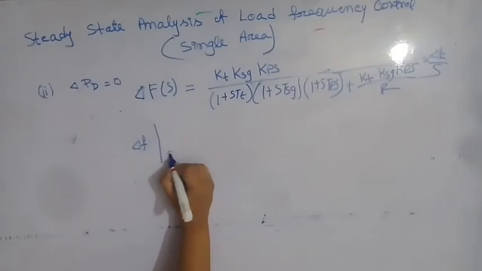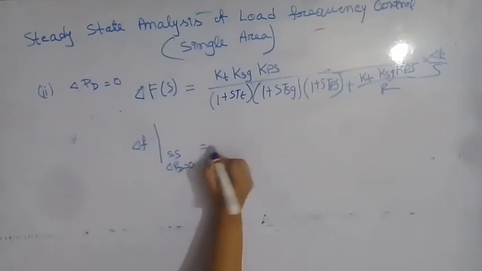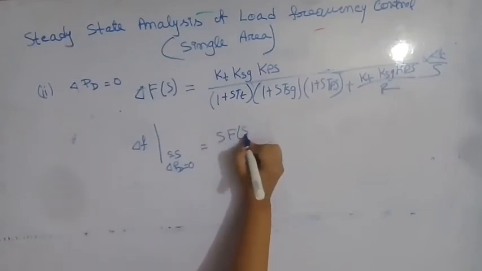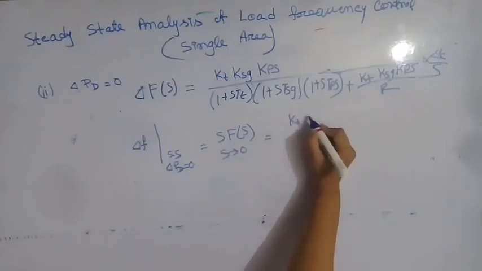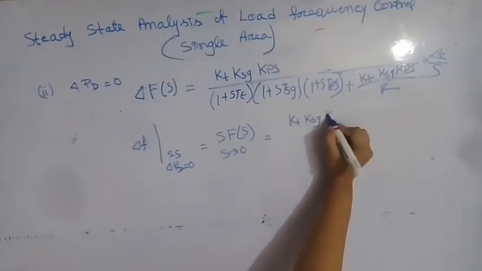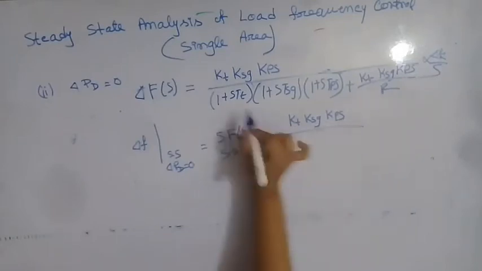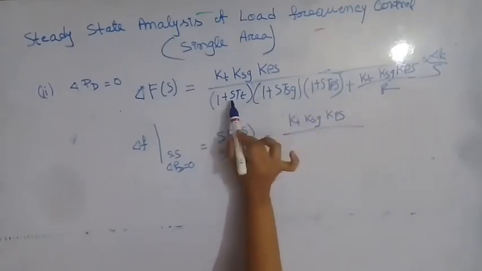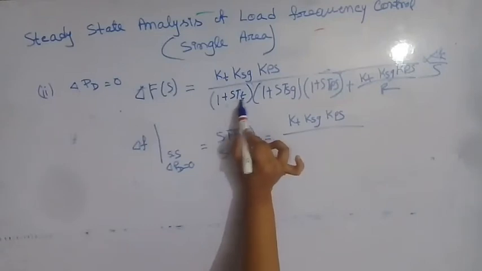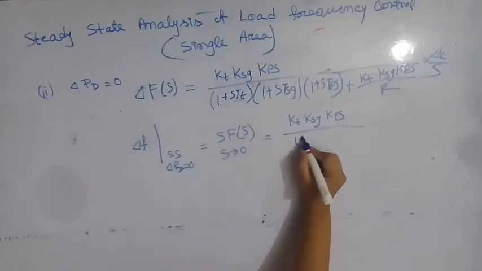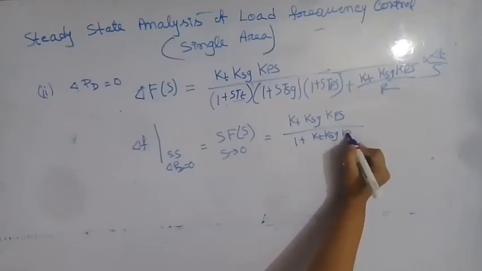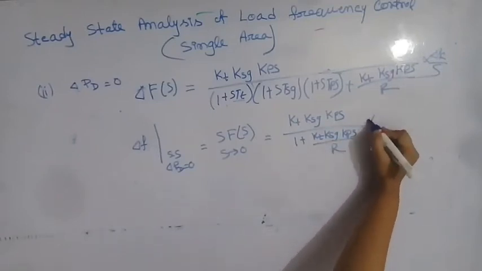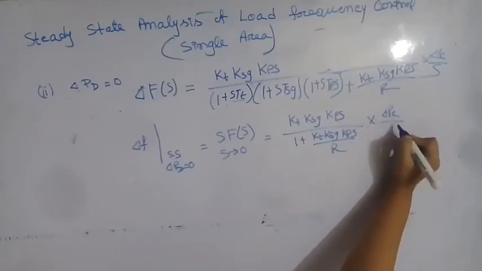For steady state, delta PD equals 0 and S F of S tends to 0, which equals KT KSG KPS by 1 plus KT KSG KPS by R into delta PC.